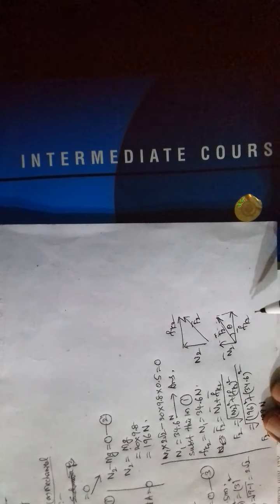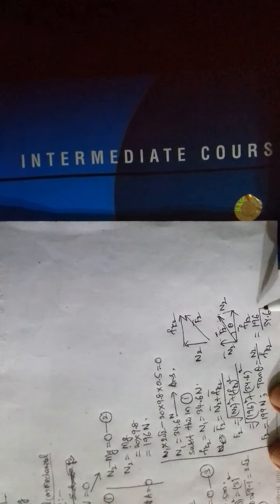This is theta. So tan theta is equal to N2 by Fk2. N2 value is 196.